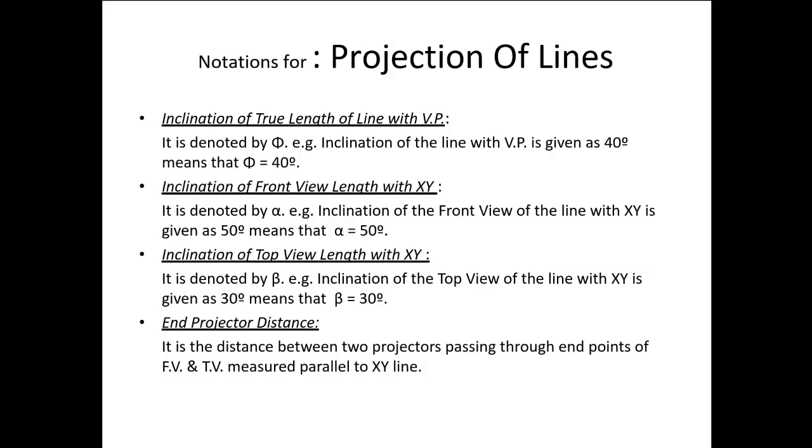For example, if the angle of the front view length of line with the XY is 50, then alpha will be 50 degrees. Similarly, when the top view length is inclined with XY, the angle is known as beta. And if the angle is 30, the angle beta will be 30 degrees.